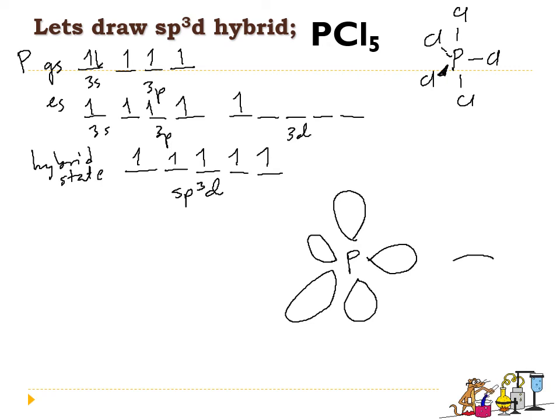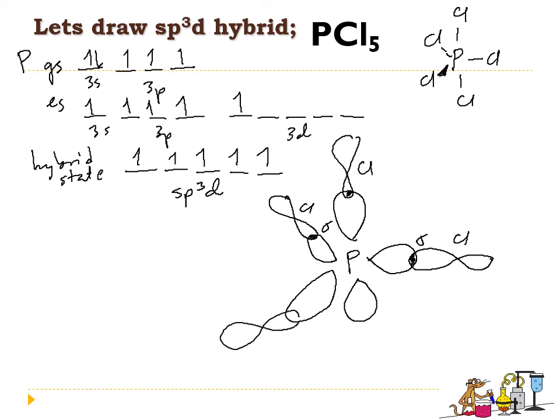So I'm just going to draw the chlorine atoms having 5 sigma bonds with all the hybrid orbitals that phosphorus has. Last one, this one, yes. This is the orbital overlapping for PCl5 having hybridization sp3d.